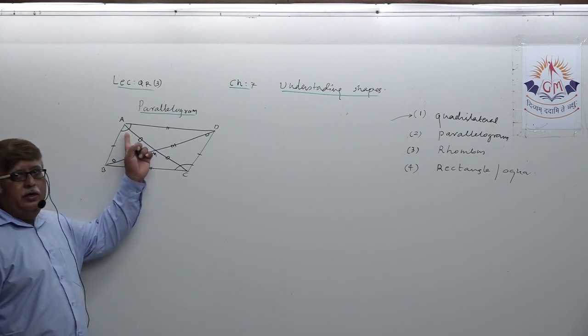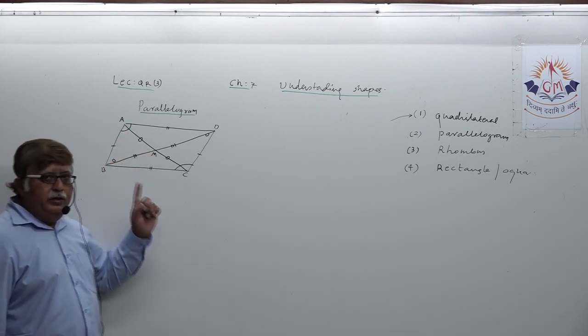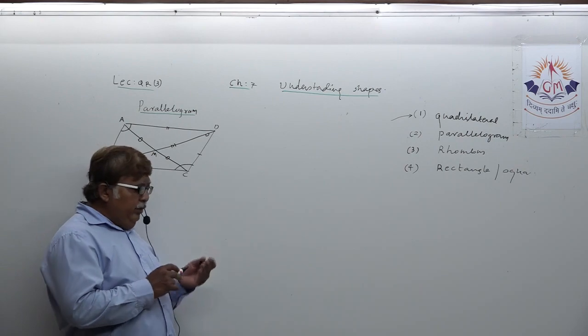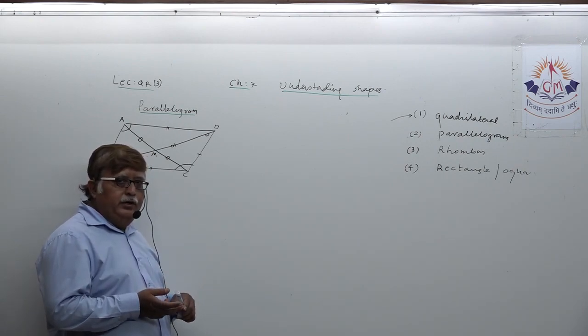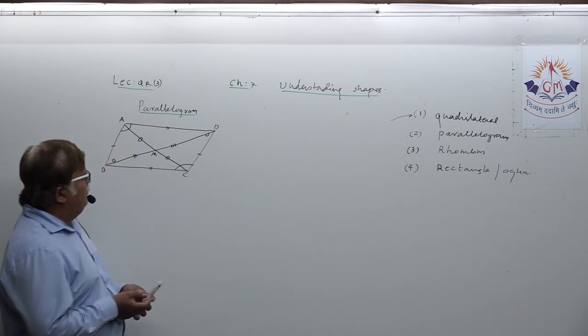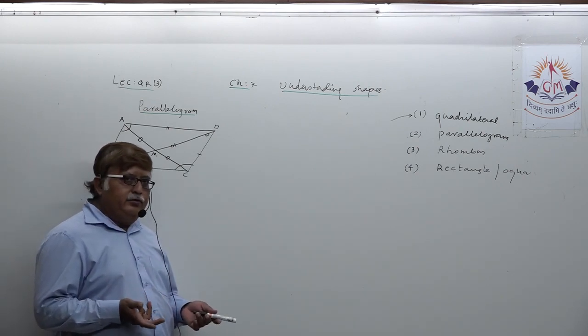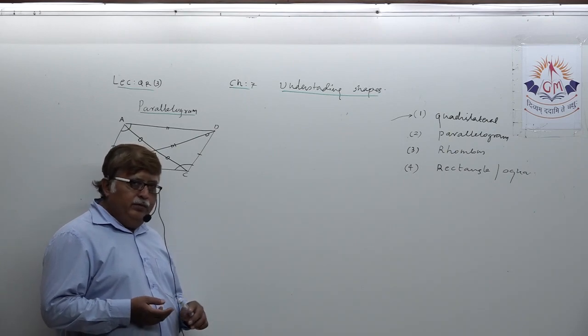So in parallelogram, A plus B is 180, B plus C 180, C plus D 180 and D plus A 180, as you all know very well.